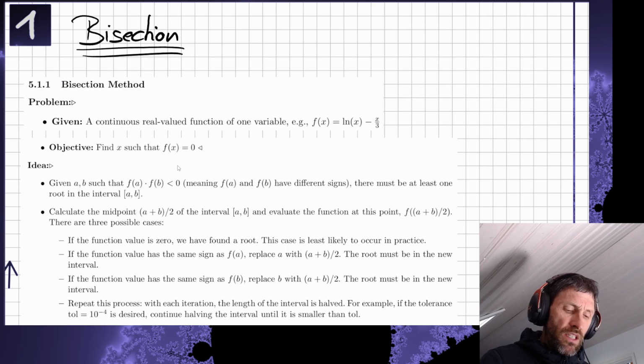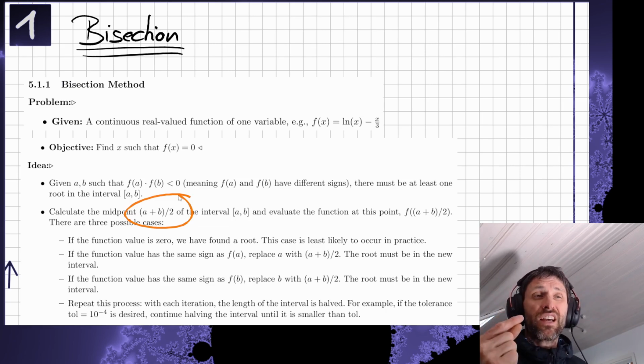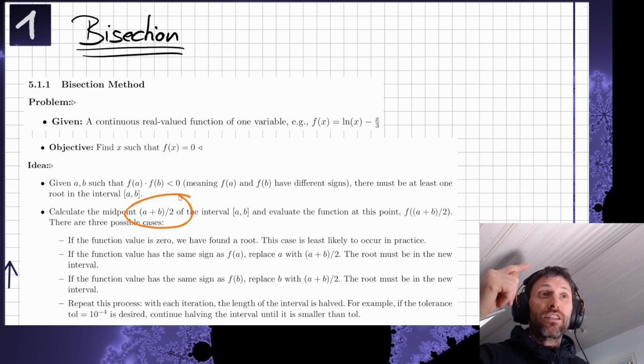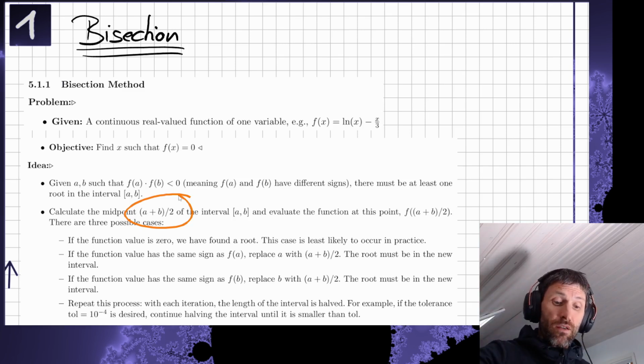Okay, somebody has to provide a and b, and then we can calculate the midpoint and check the sign of the function value at this point, and then we can try to forget half of the interval and iterate that process.